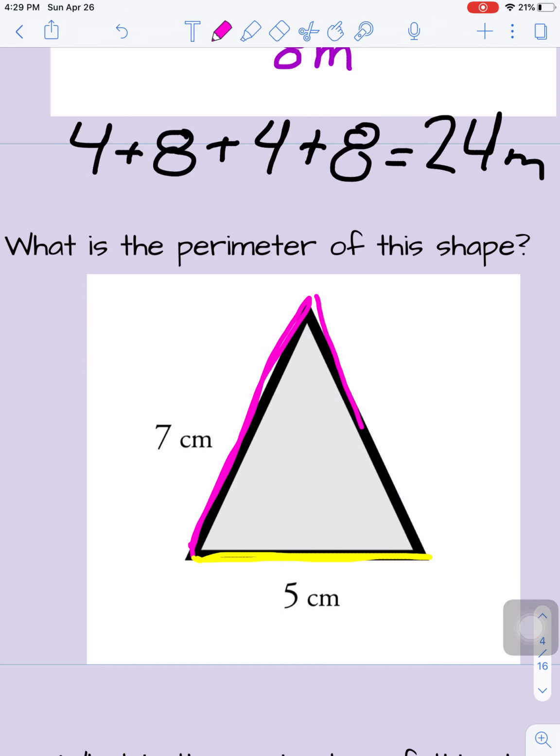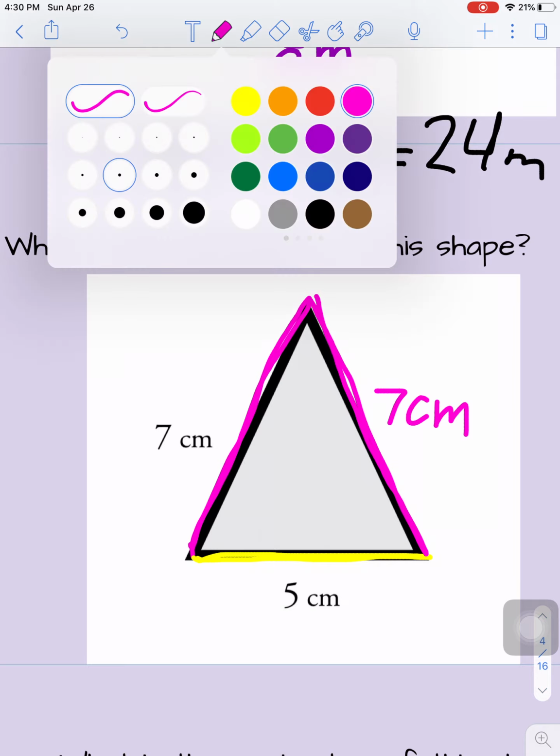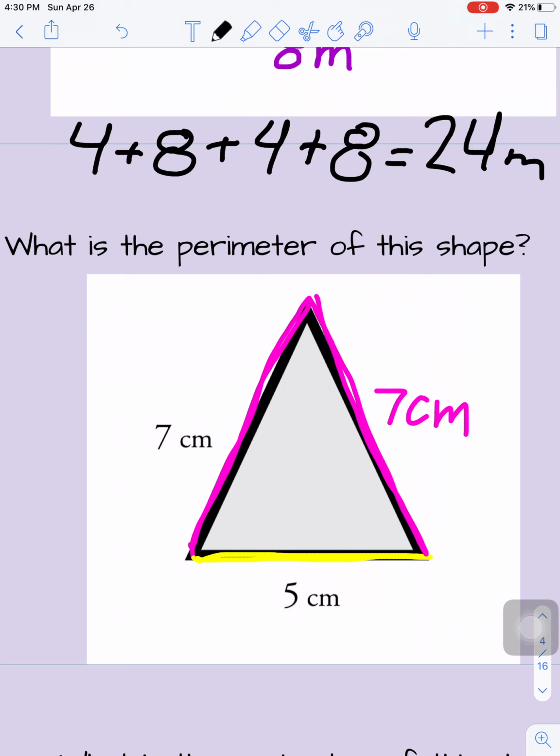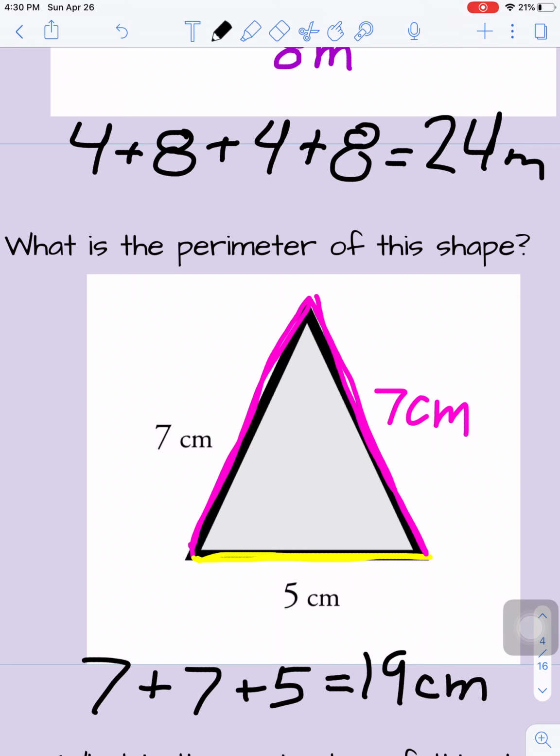If I look at this side, I can tell it is equal to the side that has 7 centimeters. And now that I know all the lengths to every side, I can add them together. Once I add those together, it is 19 centimeters, which is the distance around that triangle.